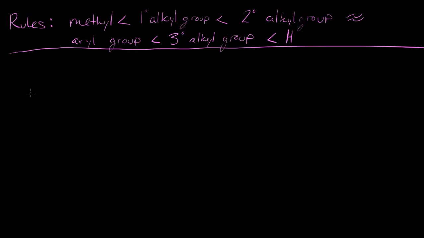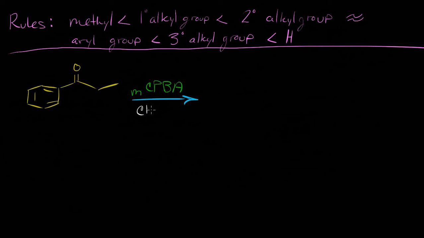So if we are given, for example, something like this, and we're combining it with, again, we'll use MCPBA, and then just dichloromethane is fine as our solvent. And we're expected to find what our answer will be.